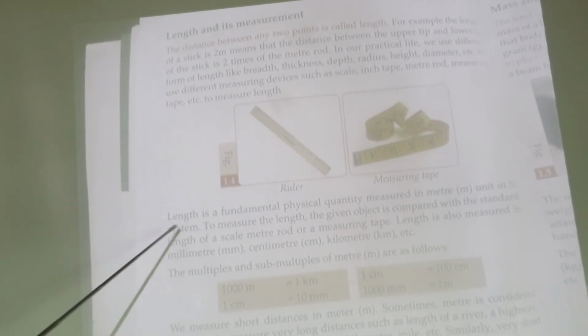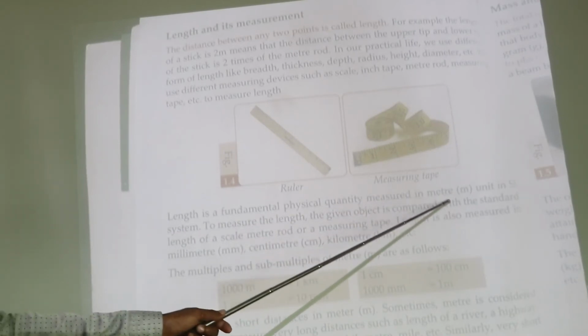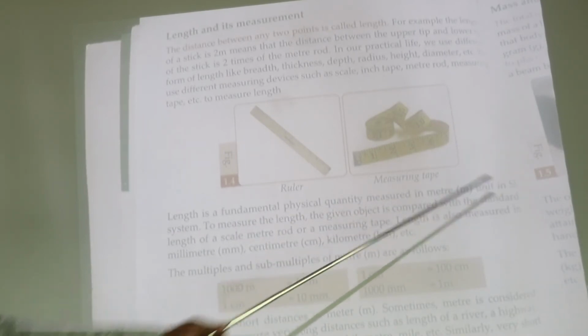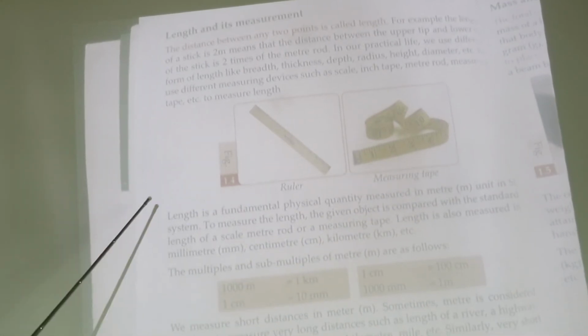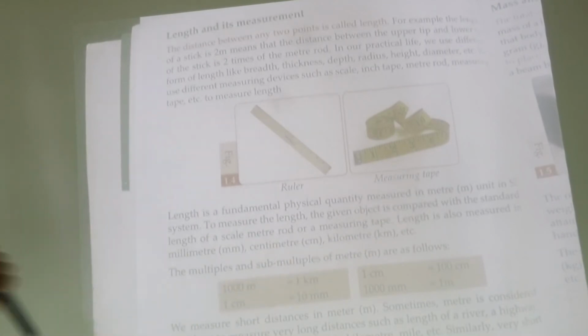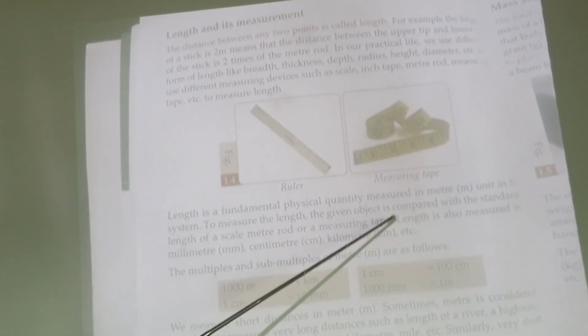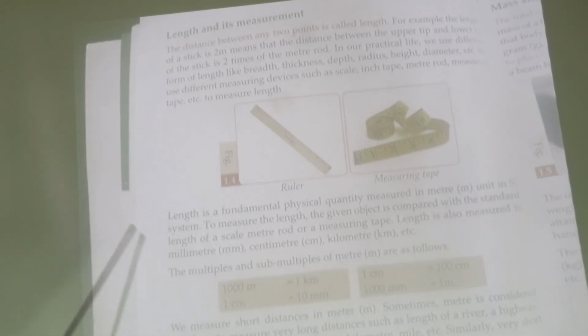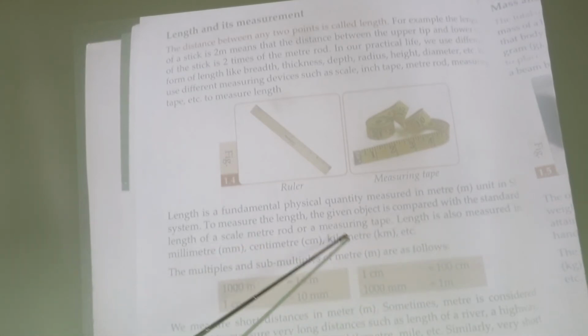Now, length is a fundamental physical quantity. In the SI system, length is measured in meter. To measure the length, the given object is compared with the standard length of the scale, meter rod or measuring tape. Length is also measured in millimeter, centimeter and kilometer.